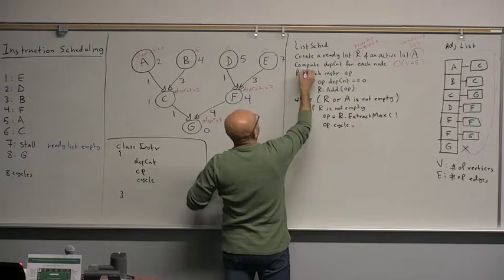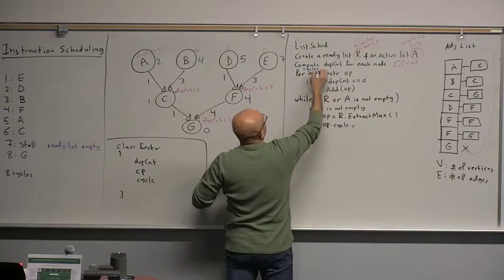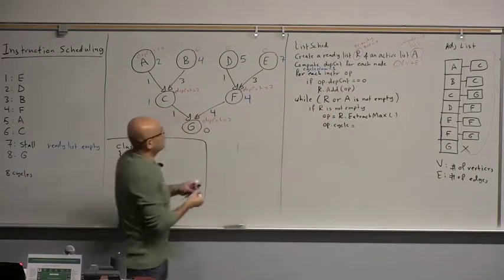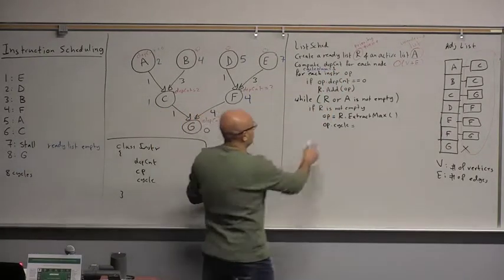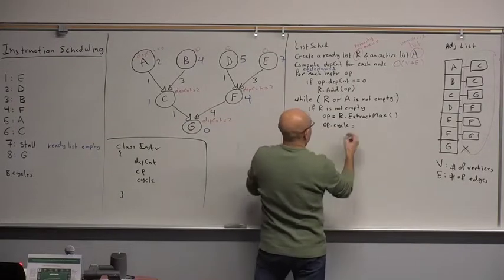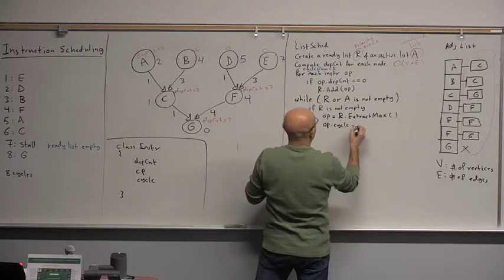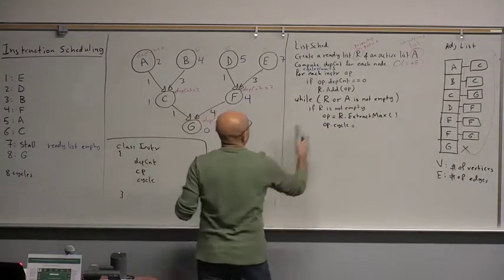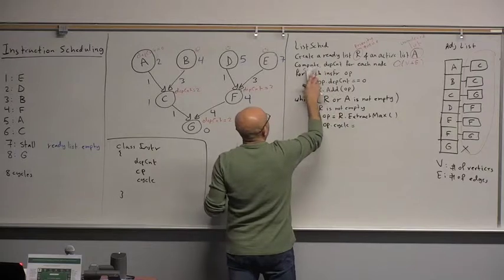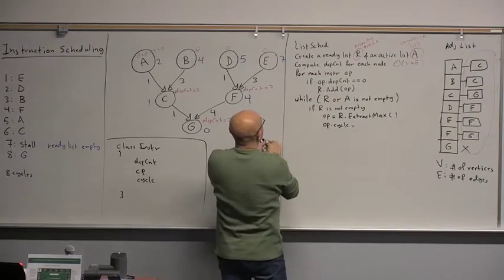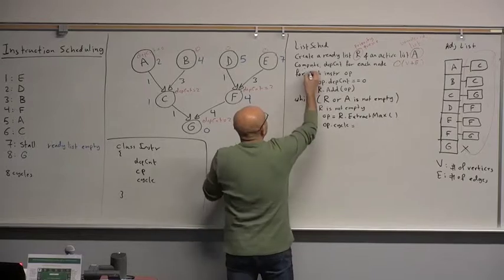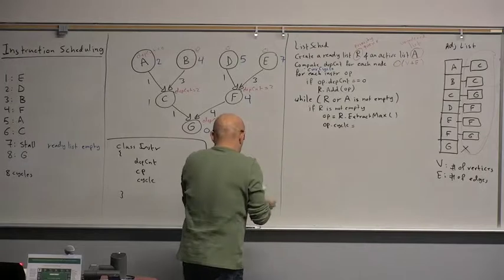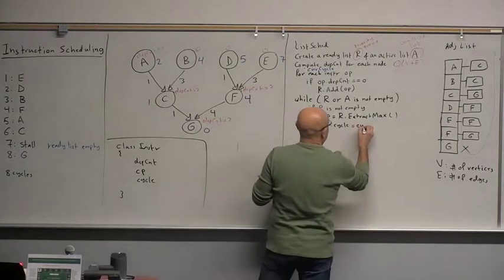Cycle number equals 1. So op.cycle equals cycle number, or let's call it current cycle. Current cycle would be a clearer name. So op.cycle equals current cycle.